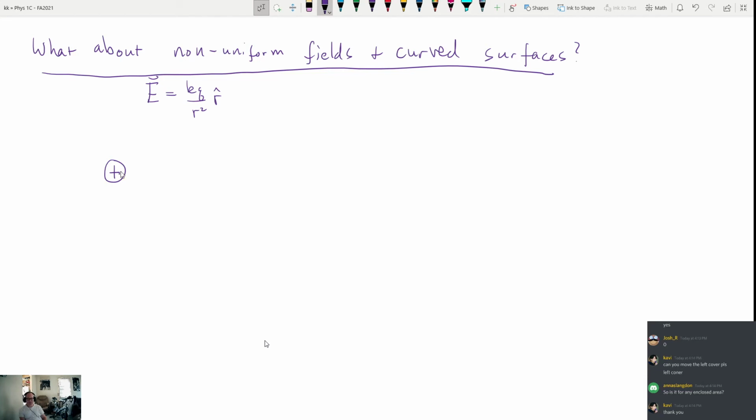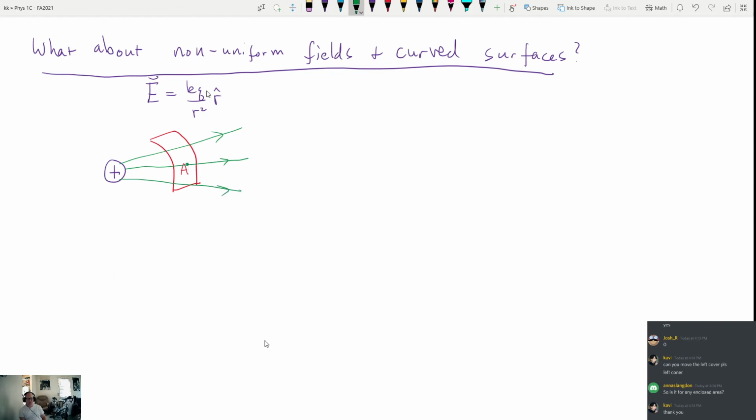So suppose I have an object like this, and suppose that I want to find the flux through a curved surface. So maybe I have some curved area that I want to look at, right? And then I go through and I draw my electric field lines, we know that the electric field lines point something like this. They do stuff like this.